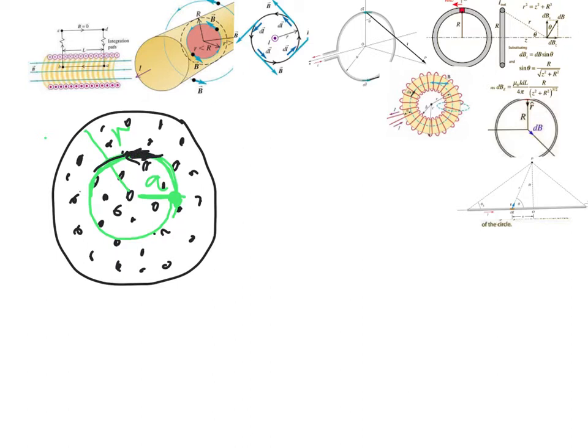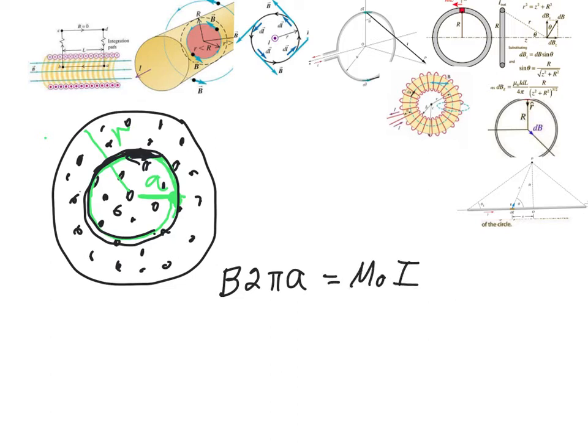So we end up getting the same integral, where B is constant. Adding up all the ds's or dl's, we get the circumference of the circle, which in this case is 2 pi a. That's the circumference of that green loop inside the wire. And that has to be equal to mu naught times I enclosed.